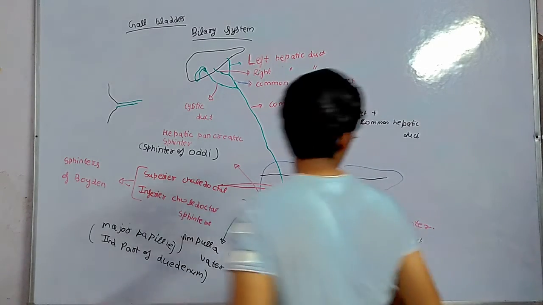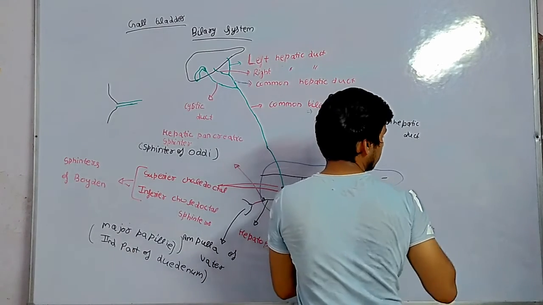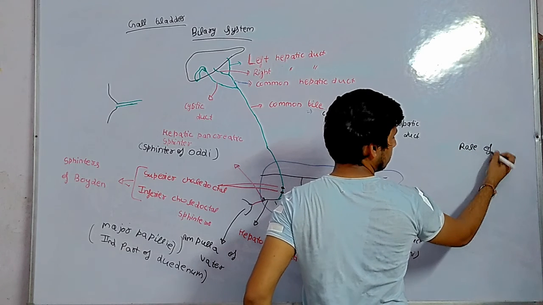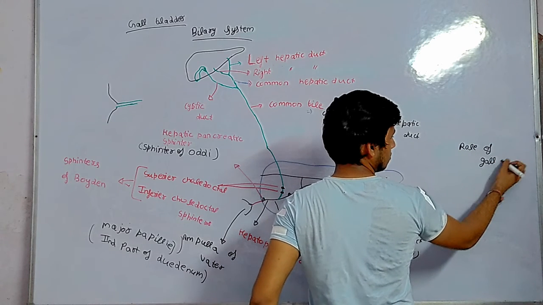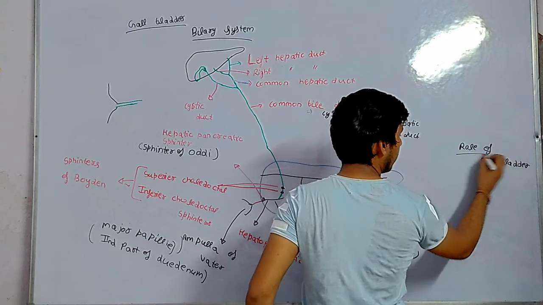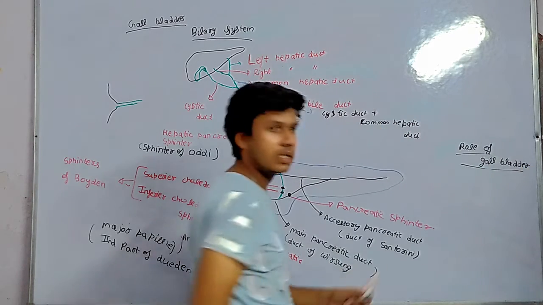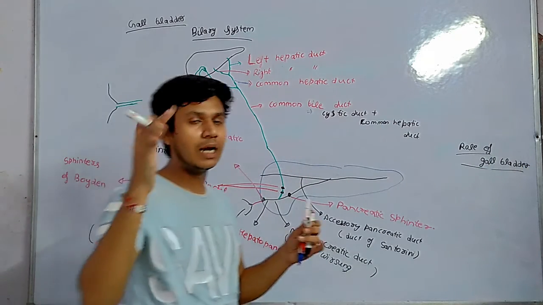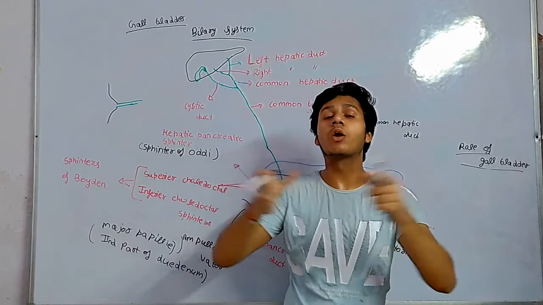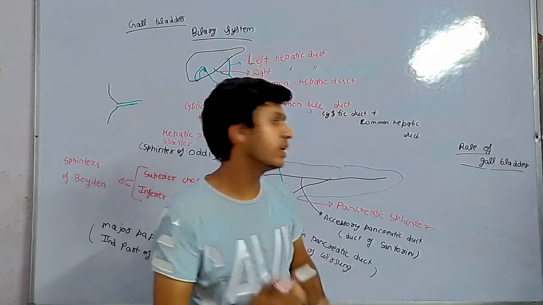After this, what is the role of the gallbladder? It is the concentration of bile. Let's say bile comes into the gallbladder, so it absorbs water from the bile and concentrates it. How?